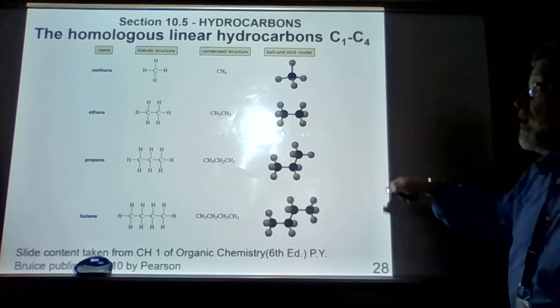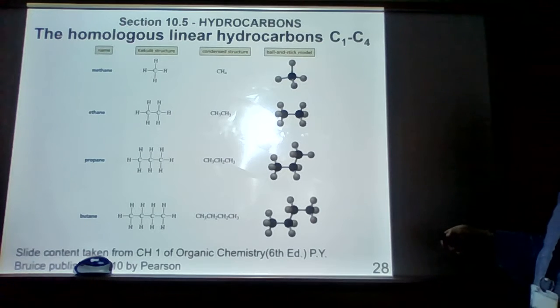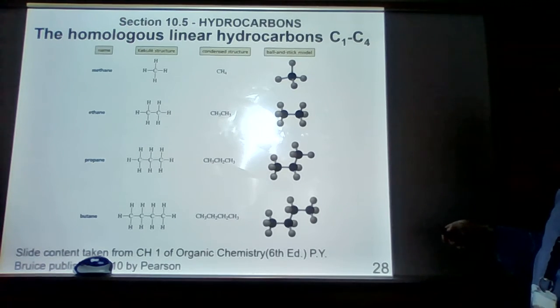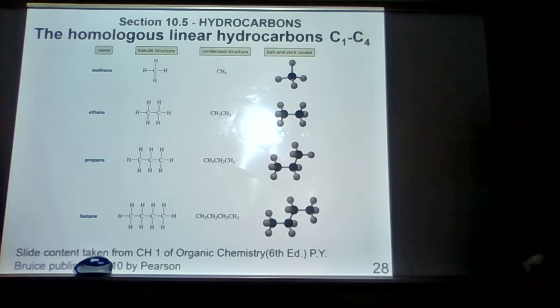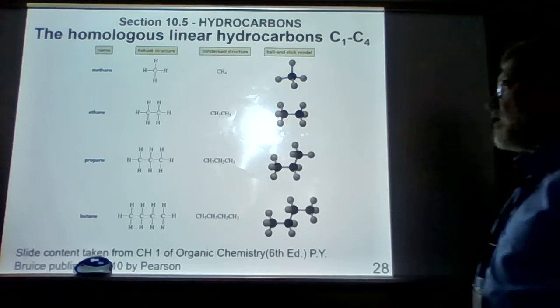The 2 carbon fragment is known as ethane. That carbon has 4 things attached to it, 3 hydrogens and the carbon to the right. This one has 4 things attached to it, the 3 hydrogens and the carbon to the left. The 3 carbon chain system is propane, the gas that you use to barbecue stuff on.